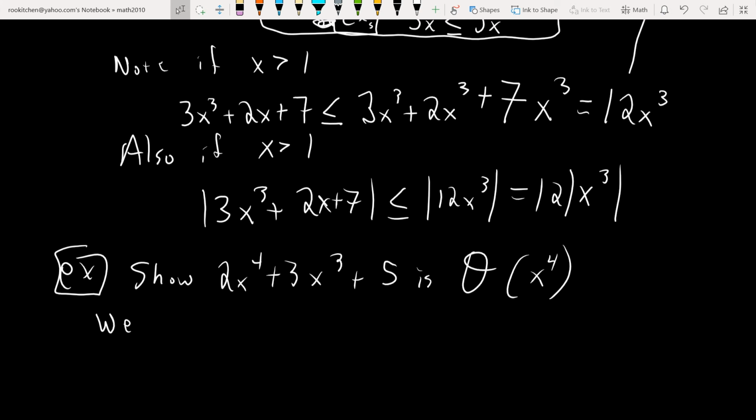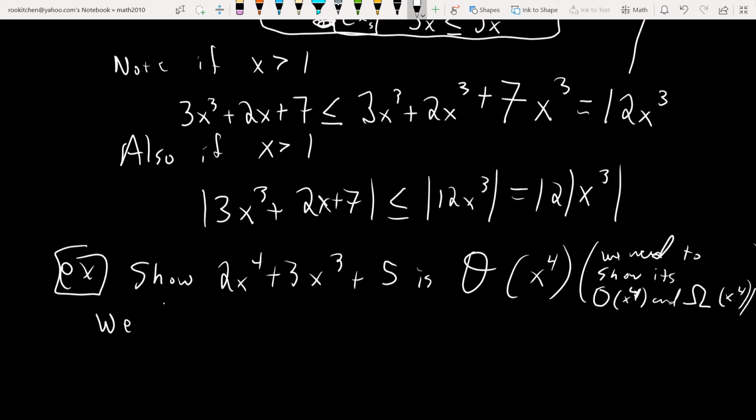Okay, so first we want to show that it's big O. Okay, so we're going to begin with the argument from above. So sorry, in order to show it's big O, we need to show it's big O of x to the fourth and big omega of x to the fourth. Maybe I should have done one at a time.